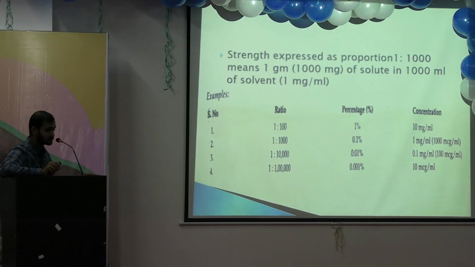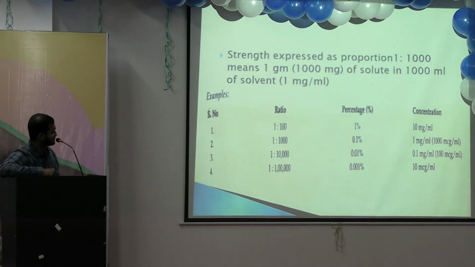1 gram of solute is dissolved in 100 ml of solvent, isn't it? So if I divide this by 100, how much is it? 10, isn't it? In the same way, if I take a ratio like 1:1000, it comes to around 1 milligram per ml.